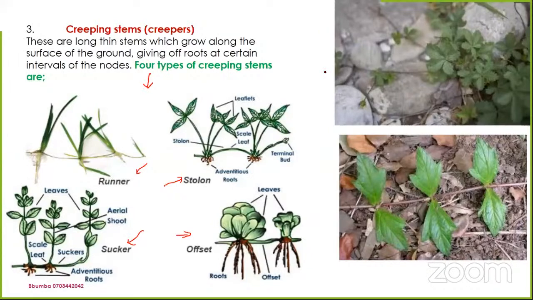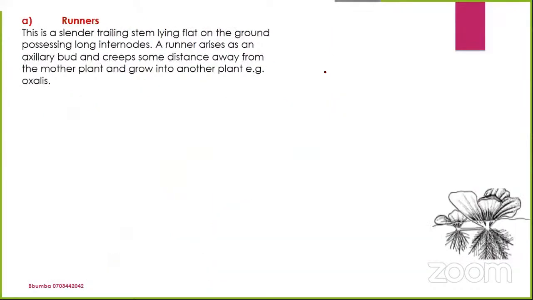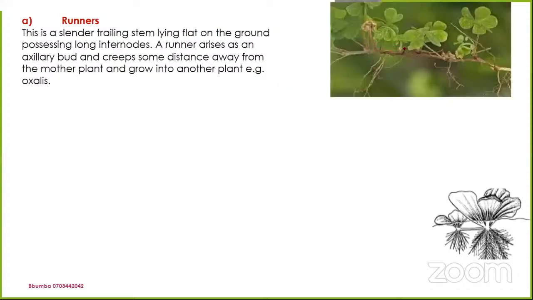The runner is a slender trailing stem lying flat on the ground, possessing long internodes. An example is Oxalis latifolia, a species of Oxalis which falls under the runner.